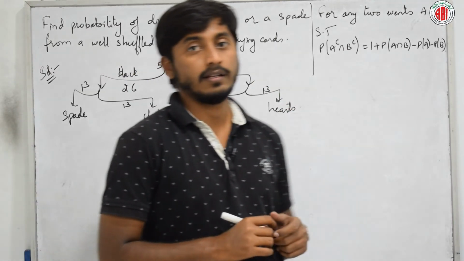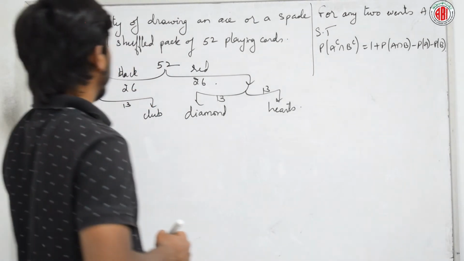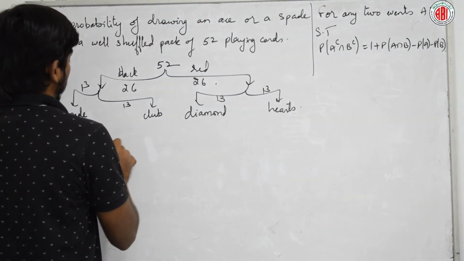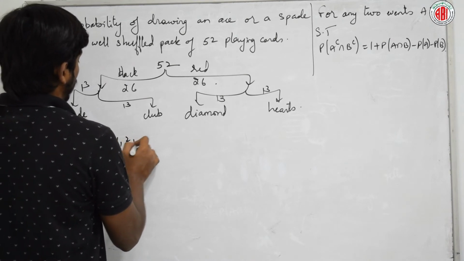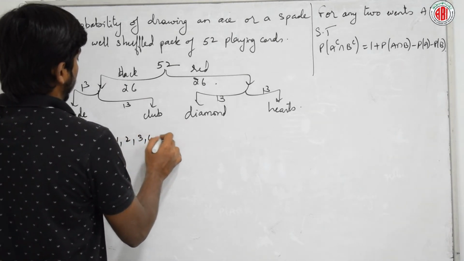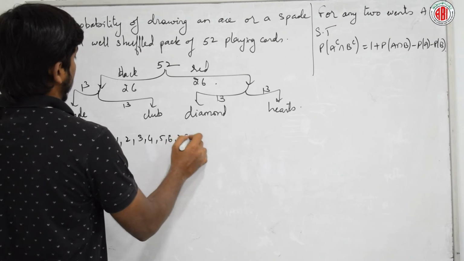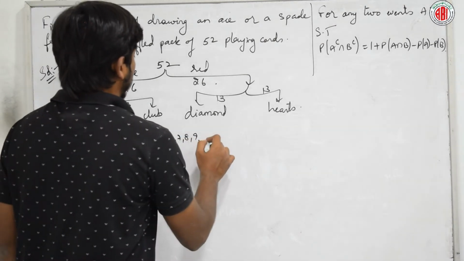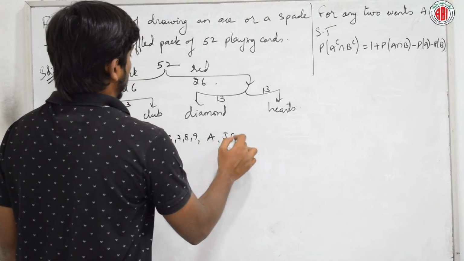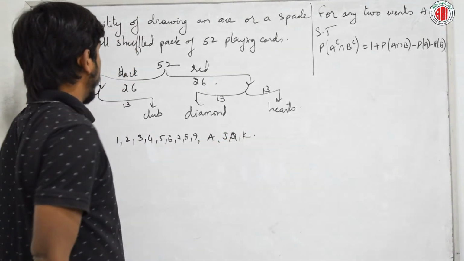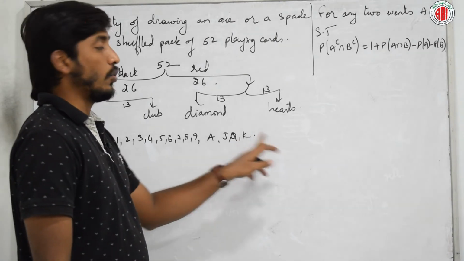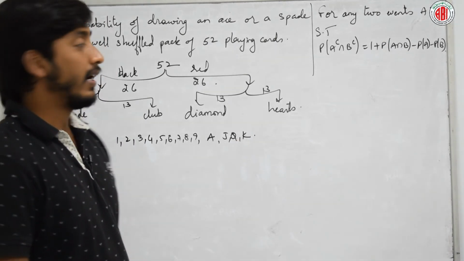Is it right? Then in each combination we'll have 13 cards. What are they? 1, 2, 3, 4, 5, 6, 7, 8, 9, right? And the next A, J, Q, K. Is it right? These are the 10 numbers we'll have, A, J, Q, K, right?